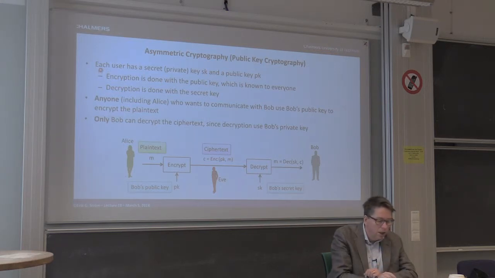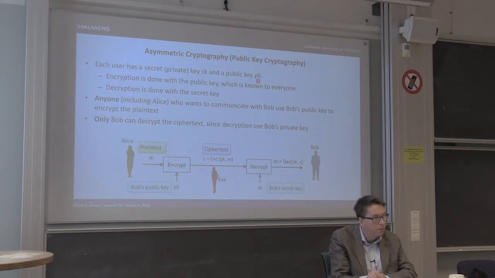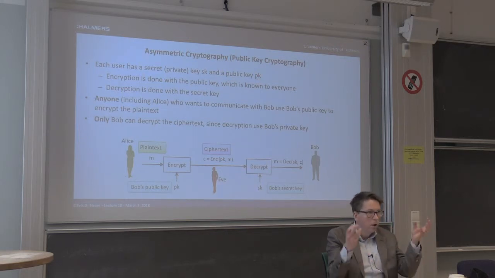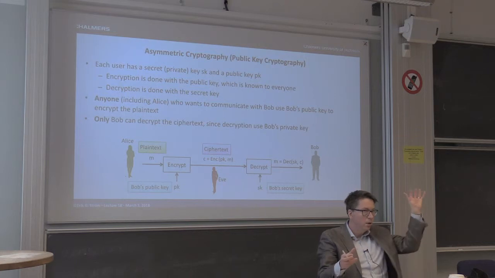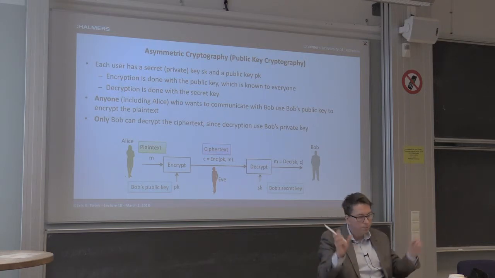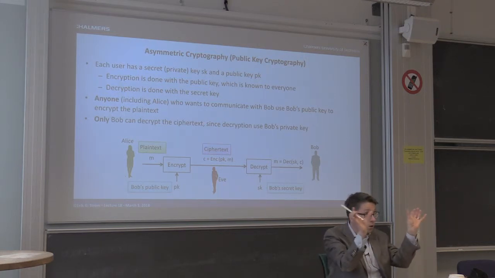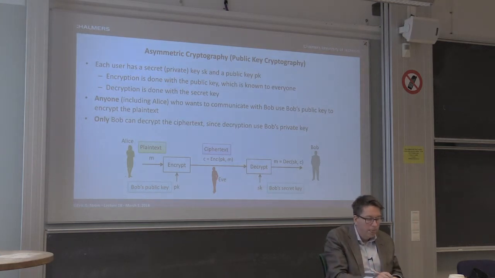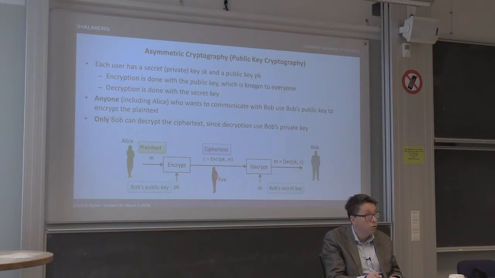The key idea here is that each user of a network has a secret or private key, called SK. Coupled to this private key, there is also a public key called PK. So a user has two keys, a secret key and a public key, connected to each other. Encryption is done with the public key, which is known to everyone.